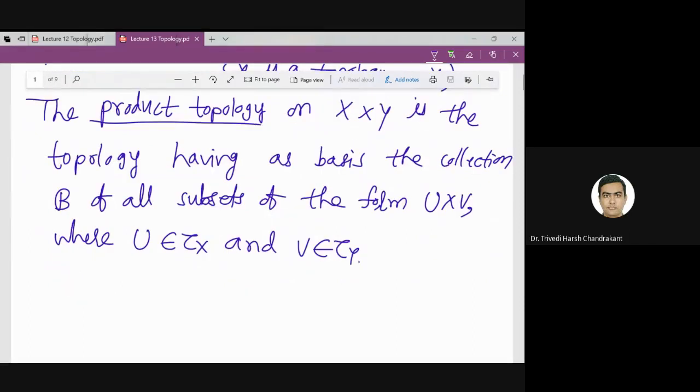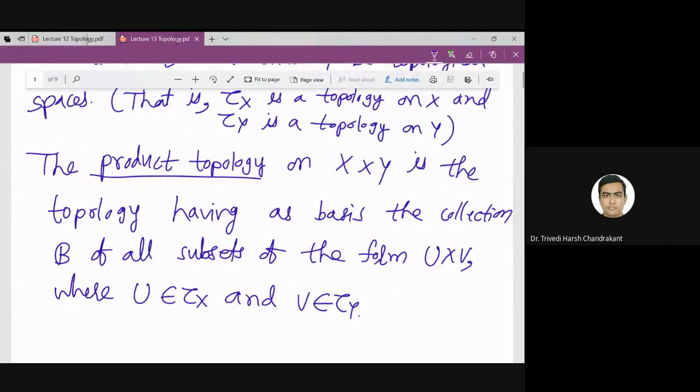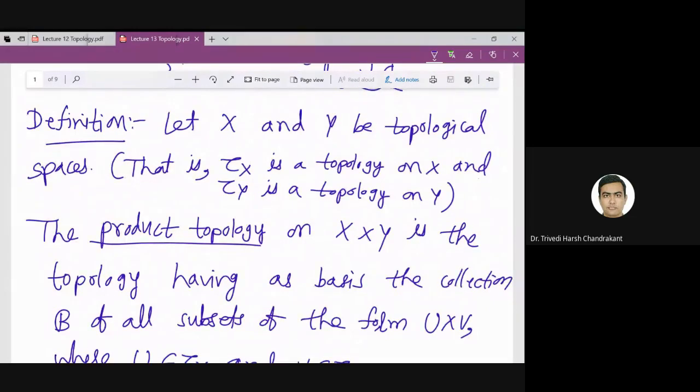Alright, so what is product topology? First of all, tau X is a topology on X and tau Y is a topology on Y. Now the product topology is a topology on X cross Y. X cross Y is a set on which we can define a topology.